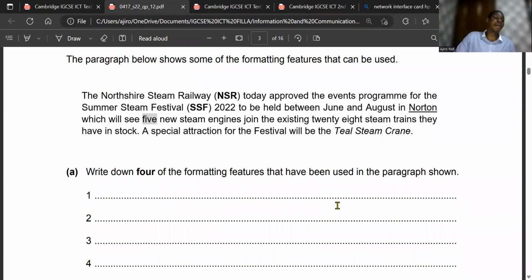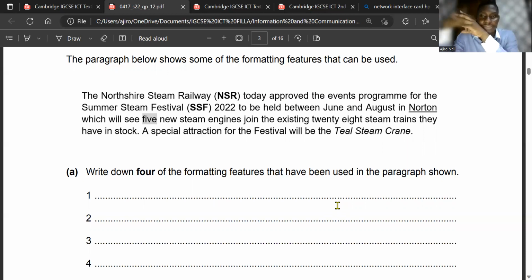When we talk about formatting features, we're looking at fonts, font colors, font size, and enhancements. All this I've said, that's what we are looking at. So let's look at it.